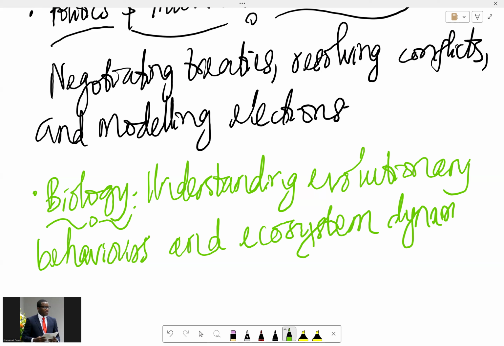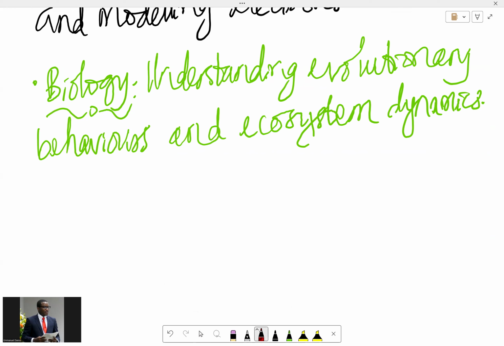In ecosystem dynamics, you have a lot of interactions going on among plants and animals, within species, and between species, and so on.